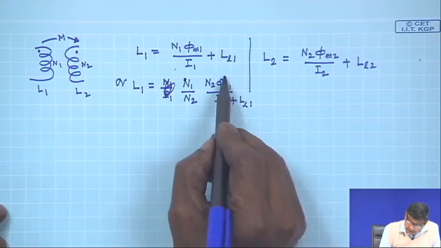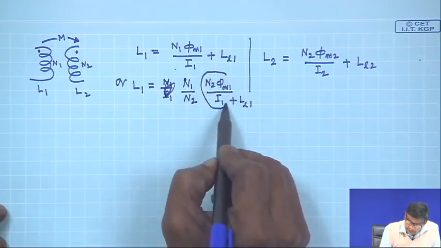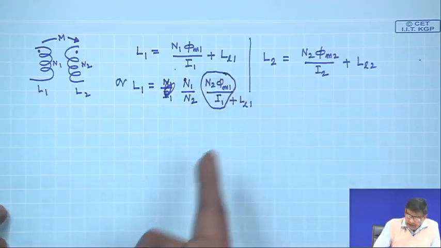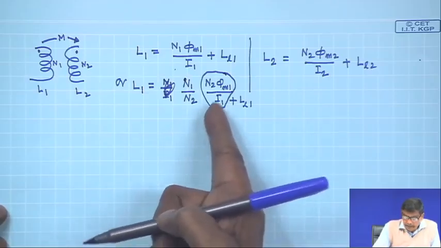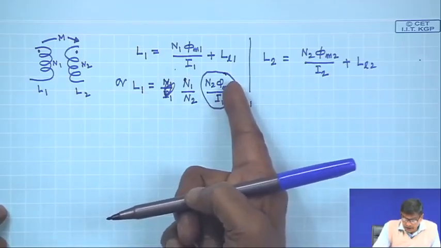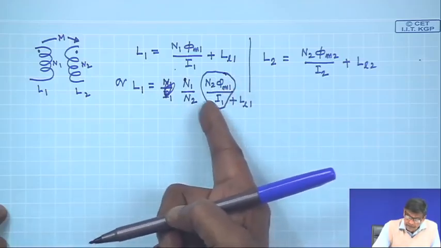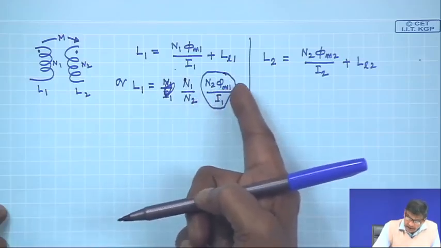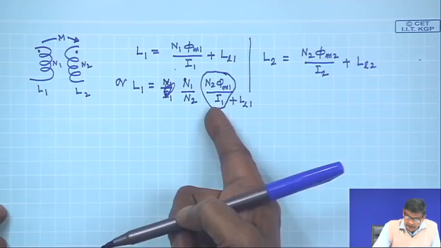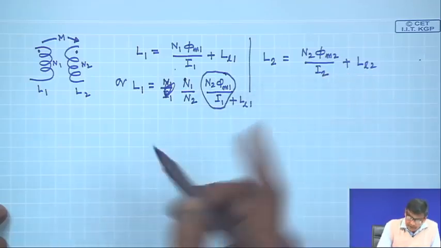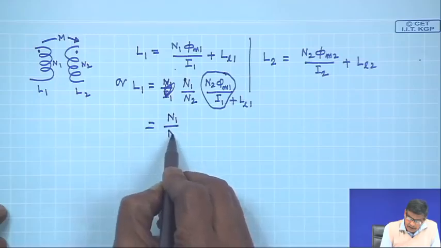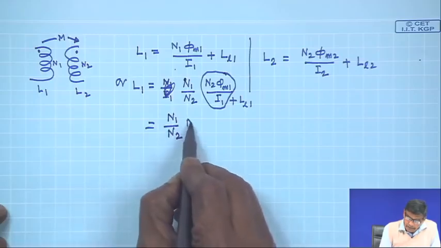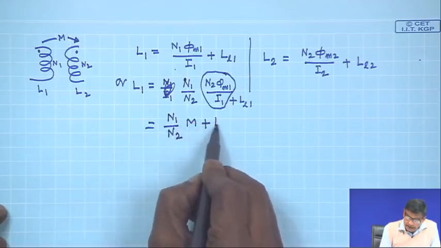Now, you can certainly recognize this term. Coil 1 is energized with I1 current, phi m1 is the mutual flux created by coil 1. So N2 into phi m1 by I1 is nothing but mutual inductance. So this is N1 by N2 into M plus L_L1.